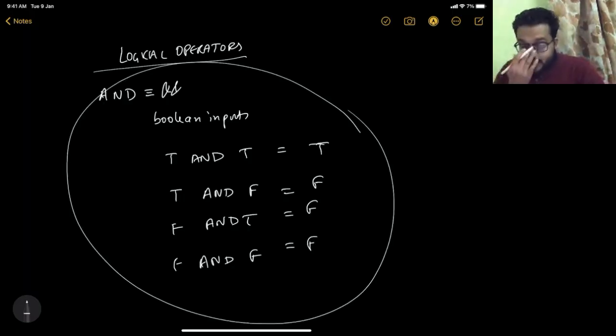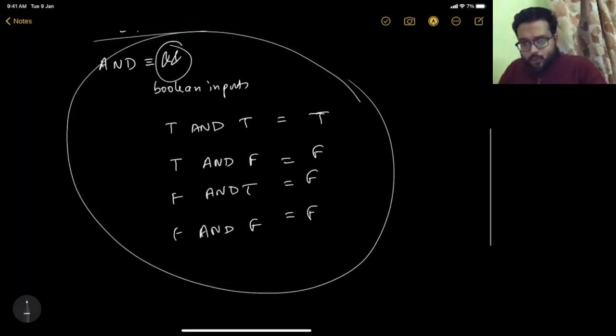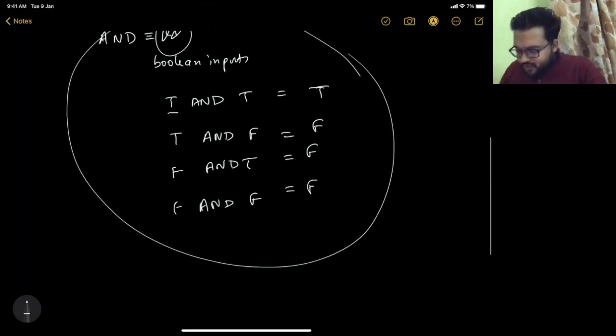But keep in mind, a logical AND takes two Boolean values. Is everybody with me? Now, if you want to use this logical AND in your programming language, if you use it with Boolean operators, that's great. But some programming languages also allow you to use it with integers.